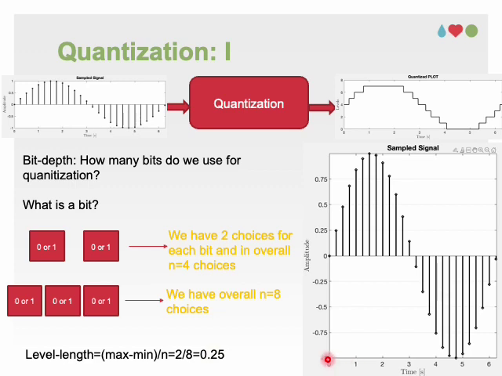We see here, starting from -1, -0.75, -0.5, and so on, we move towards 0.75. We see we have 8 different values corresponding to 8 different levels, as shown by the gray horizontal lines here.